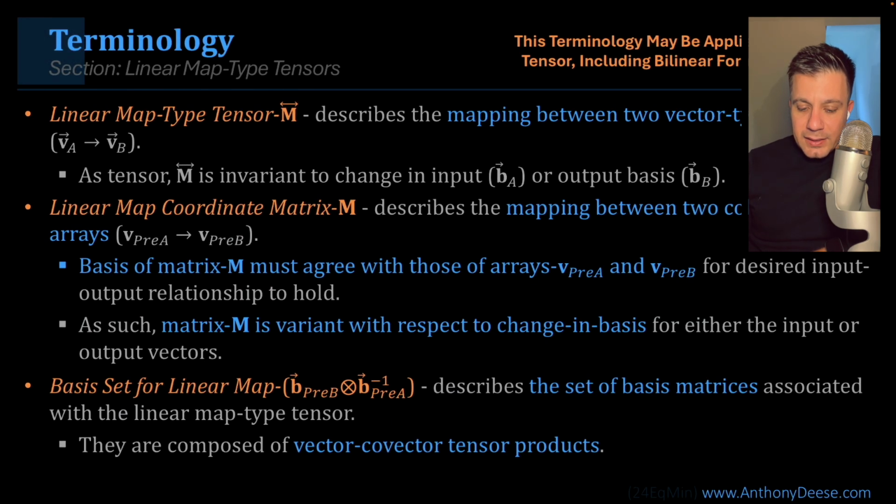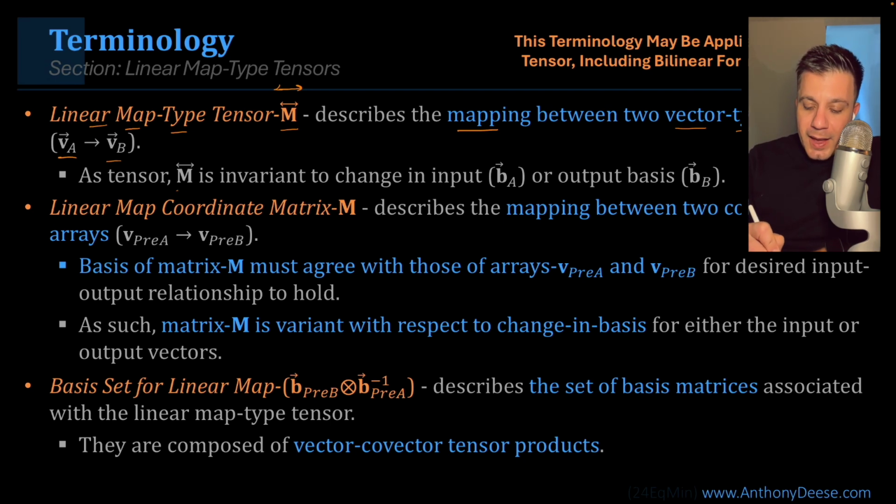So lastly, well, not lastly, but we're getting close to the end here, some terminology. A little bit of a review, but I want to make sure we're clear on these terms. So we have a linear map type tensor, M, with the bidirectional arrowhead. It describes the mapping between two vector type tensors who reside in their respective primal spaces.